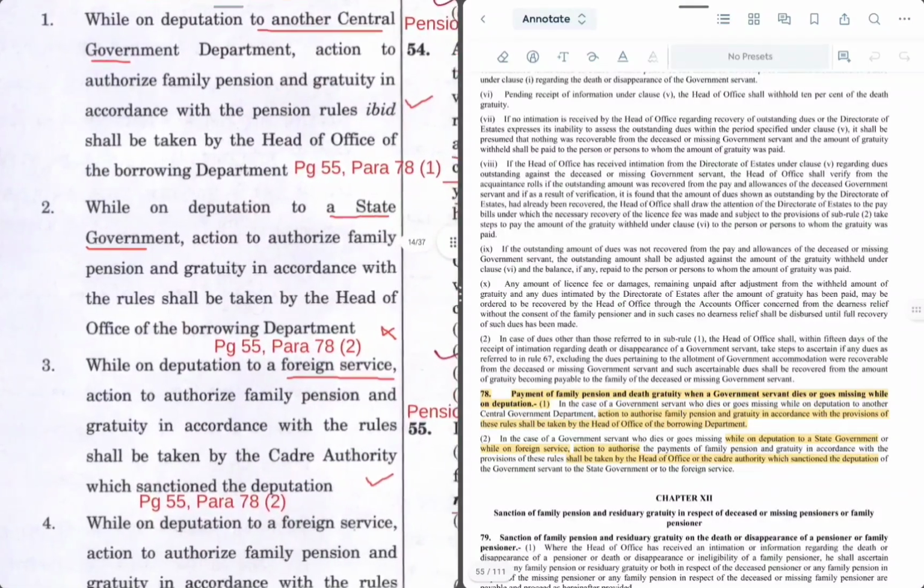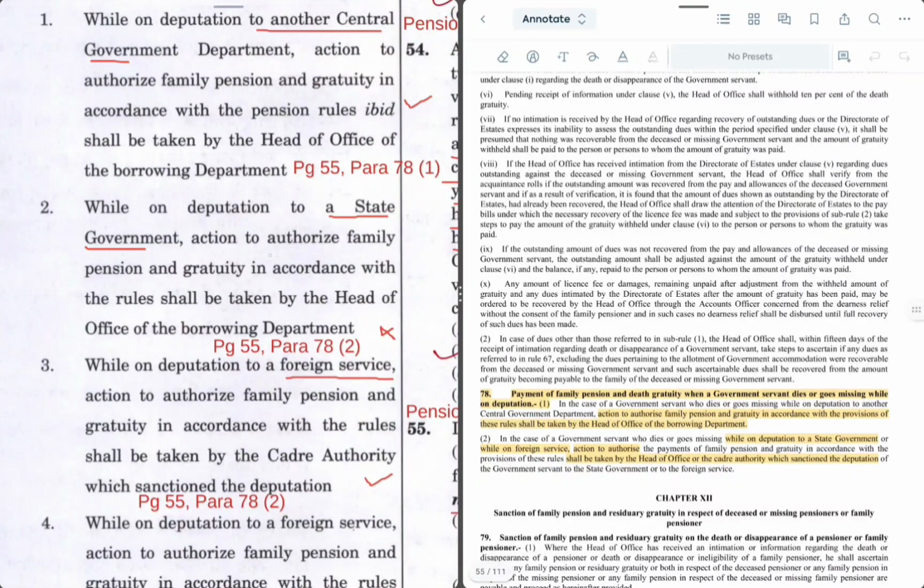Now, while on deputation to a state government, action to authorize family pension and gratuity in accordance with the rules shall be taken by the head of office of borrowing department. So it's the case for state government. So in the second paragraph of these rules, if you read, it says that taken by head of office or the cadre authority to sanction deputation.